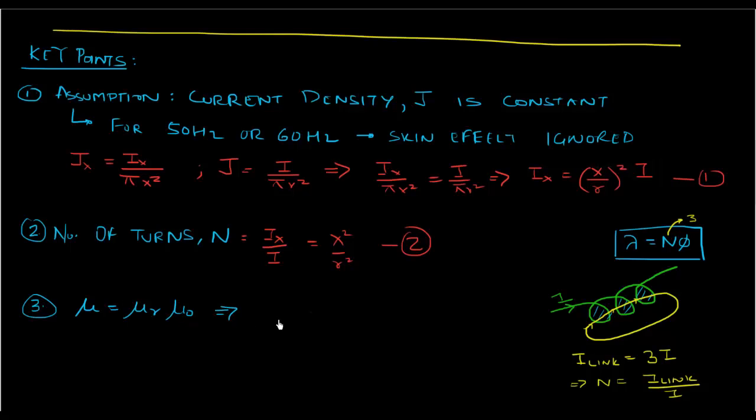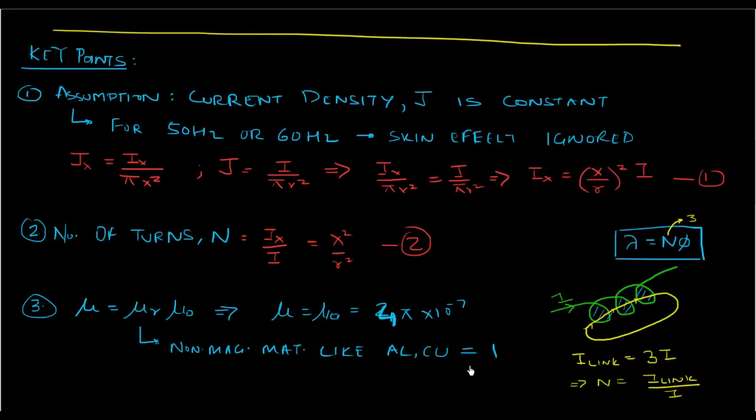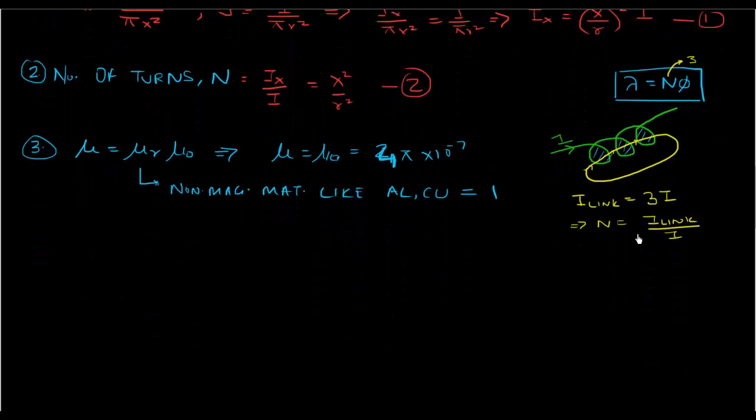So that implies mu is equal to mu naught, which is equal to 4 pi into 10 to the power minus 7. That's the value we get for mu naught in our case, because mu r for non-magnetic materials like aluminum, copper is equal to 1. So that's the other observation I want you to keep in mind as we do our derivation.